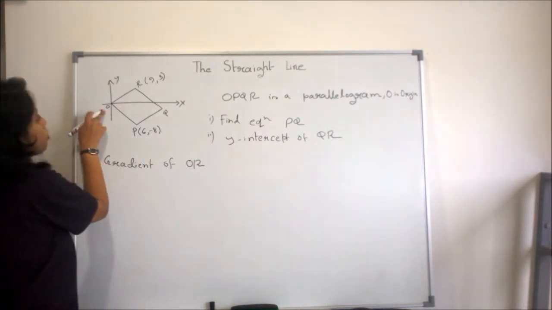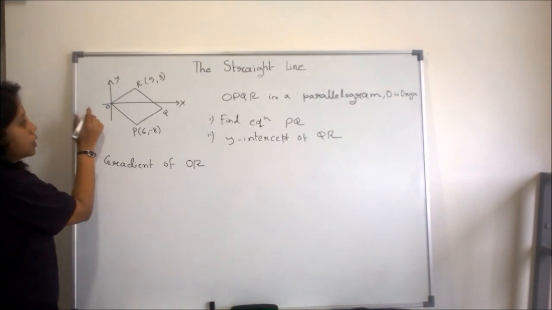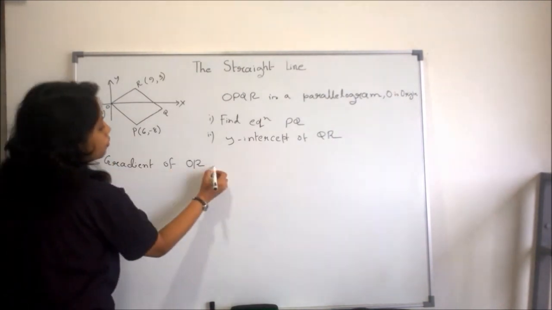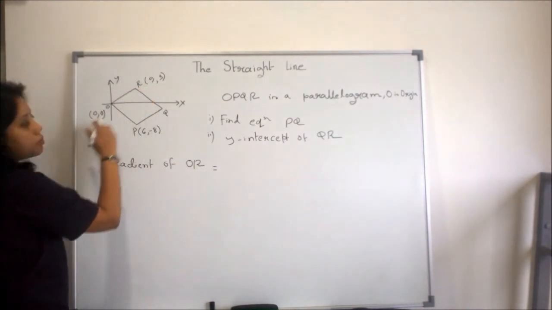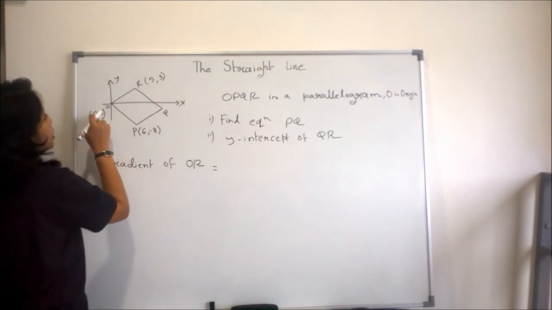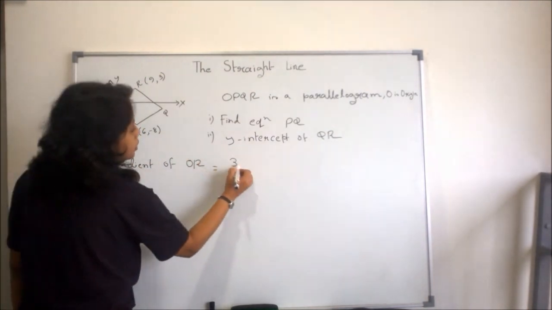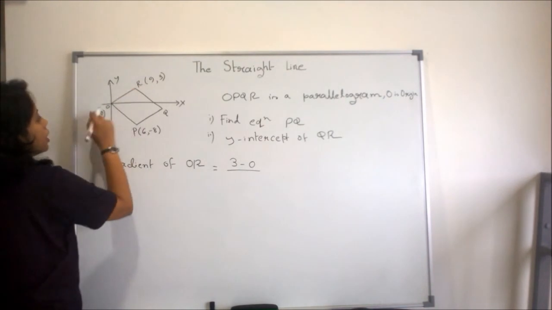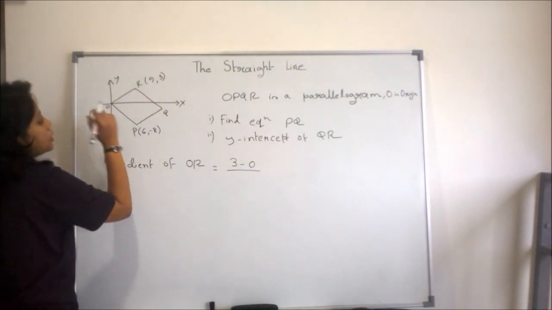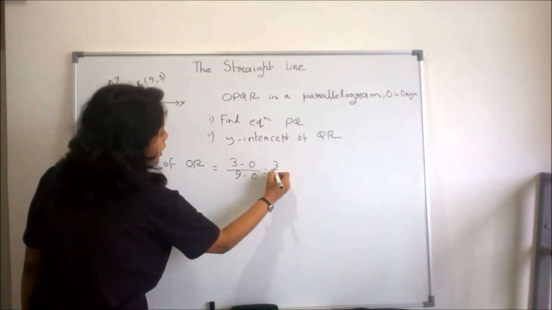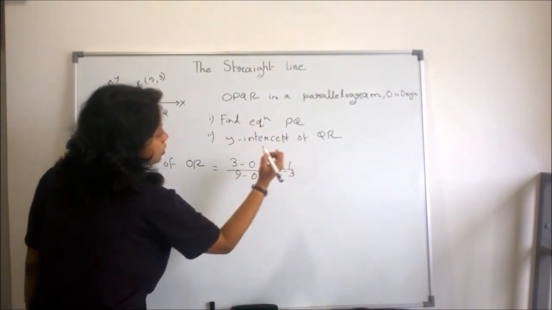Because the point O is the origin, this is (0, 0). So the gradient of OR is the difference between the y coordinates, 3 minus 0, over the difference between the x coordinates, 9 minus 0. This is 3 by 9, which is 1 by 3.